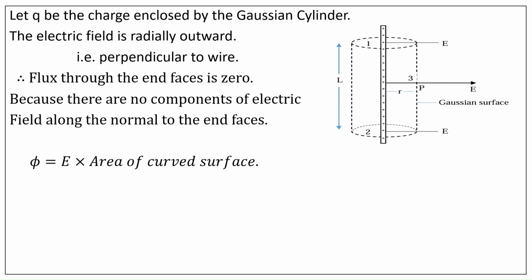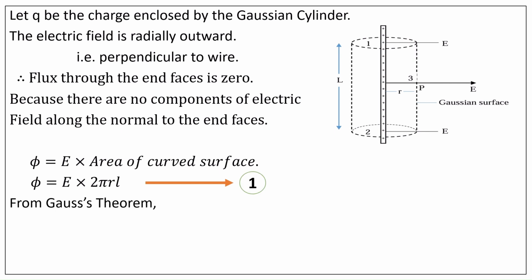Therefore, phi is equal to E into area of curved surface. That is, phi is equal to E into 2 pi RL. Mark as equation 1. From Gauss's theorem, phi is equal to Q by epsilon naught. Mark as equation 2.